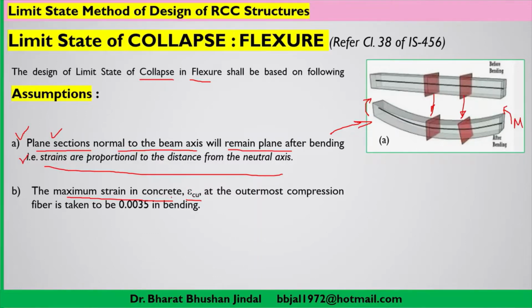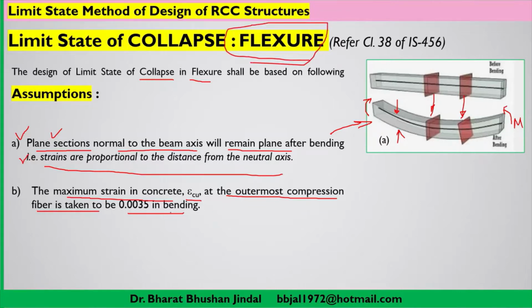So the maximum strain in concrete at the outermost compression fiber, if we are considering this beam, is at the outermost fiber, and this one will be the lowermost fiber. The strain at the outermost compression fiber is taken as 0.0035 in case of bending, because we are talking about the flexure effect, that is the bending effect.